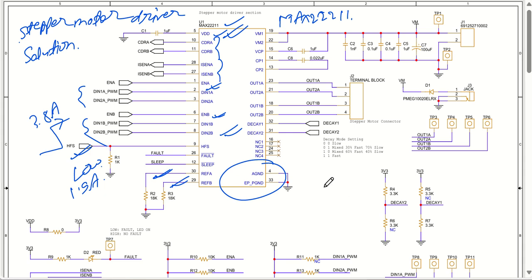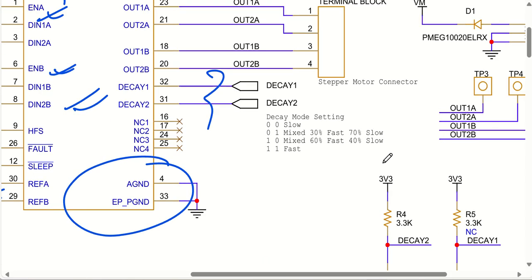Now, as you can see, we have the decay mode setting. You can set it based on your requirement: slow mode, or mixed 30% fast and 70% slow, or mixed 60% fast and 40% slow, or fast. What I have done is put it in such a fashion that it is mixed 60% fast and 40% slow.